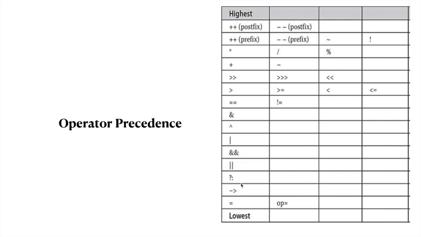This one is called the ternary operator, and this is the assignment operator. This one is the lambda operator. It is referred to as becomes and used in lambda expressions, and we will discuss it when we reach the section where we will discuss lambda expressions in Java.